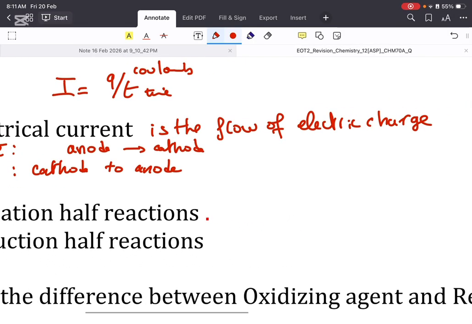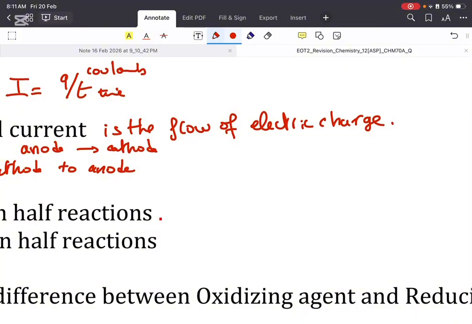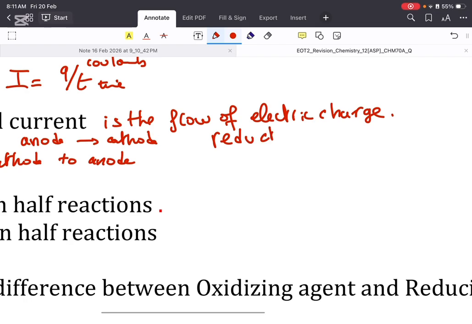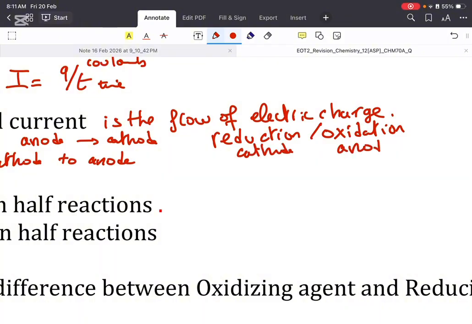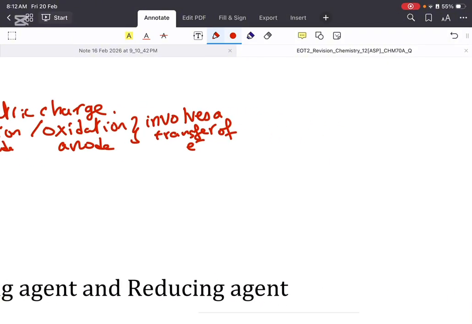Now, how is current generated in a cell? Since the redox reactions, the reduction and the oxidation occurring at the cathode and anode, involve a transfer of electrons, this results in generating electric current.